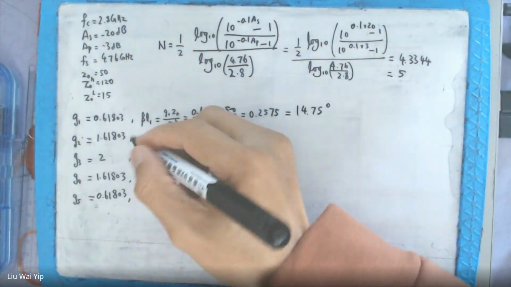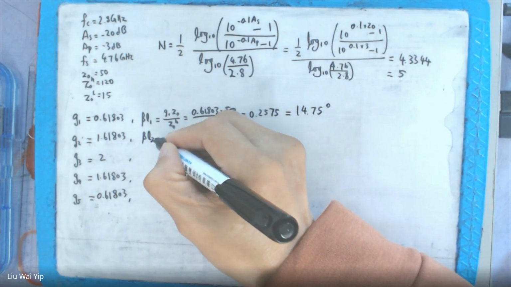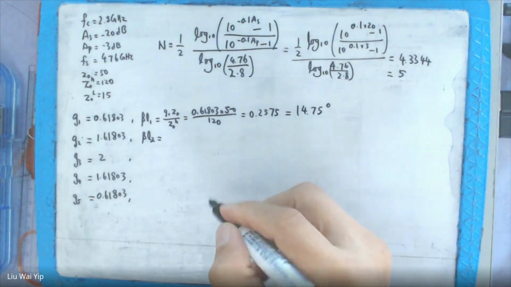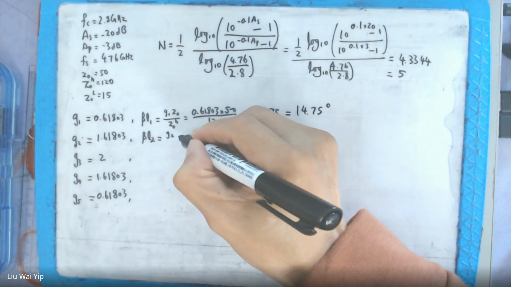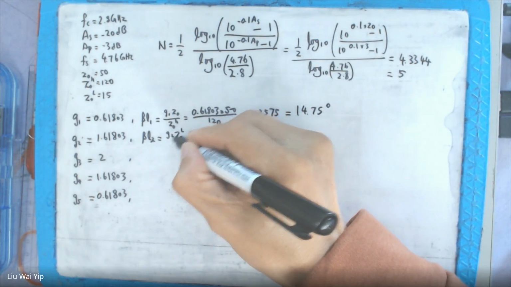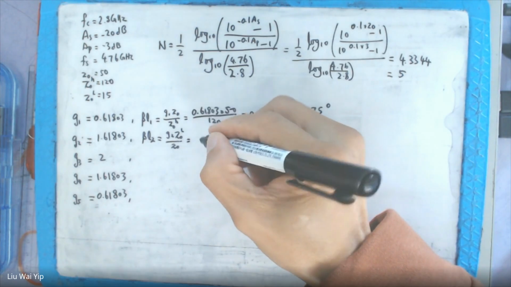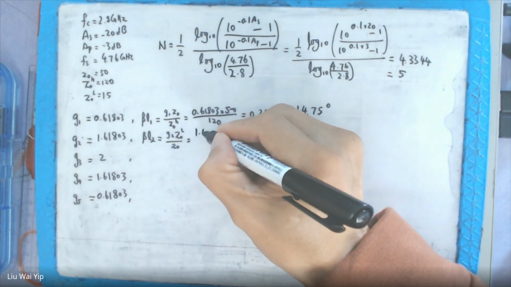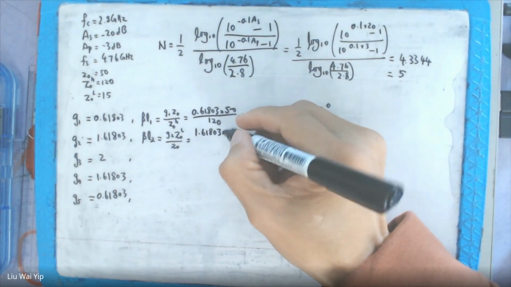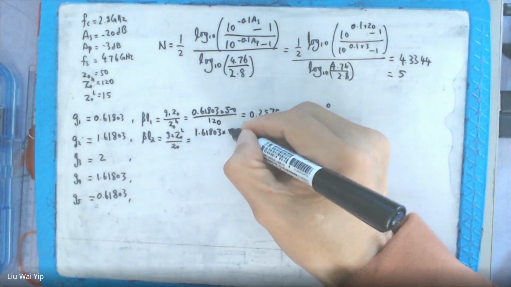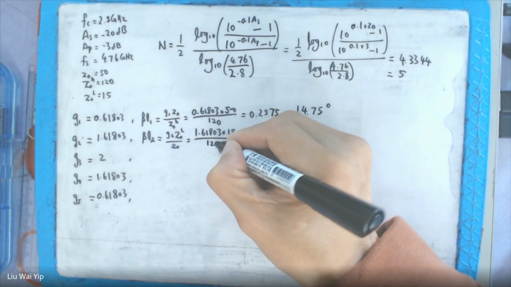Okay, then you just carry on with the same process. The next one will be based on a different formula: G2, and then the characteristic impedance will be in the bottom, 1.618 times 15, and then 120.